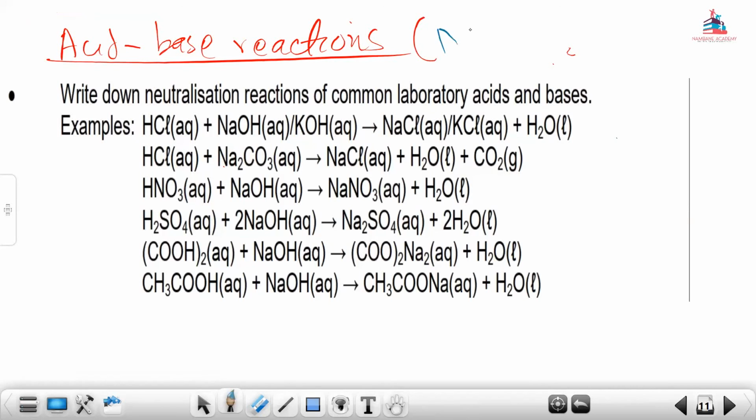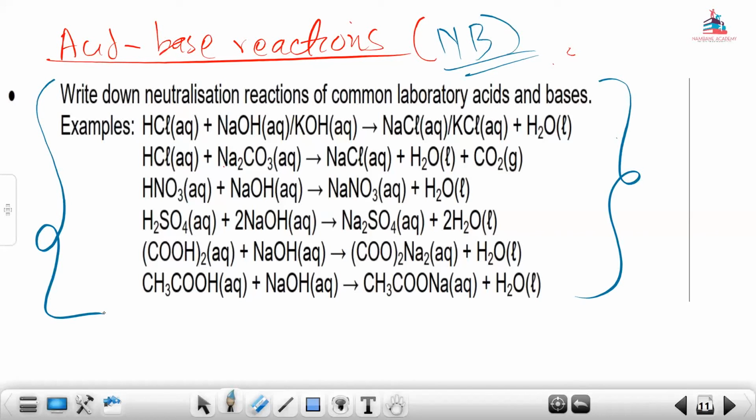These ones, NB, very, very important. Because you need now to know if I have HCl reacting with sodium hydroxide, it will give me salt plus water.